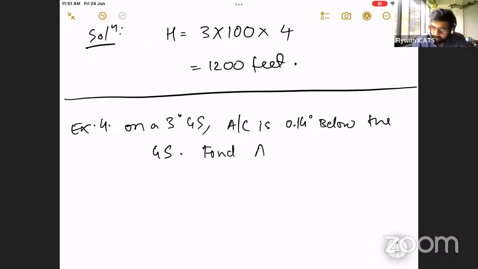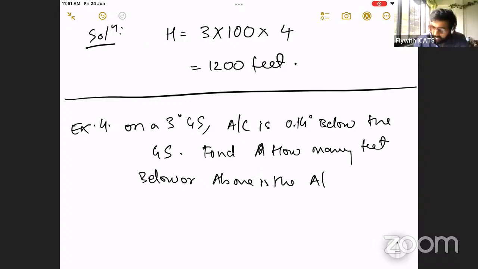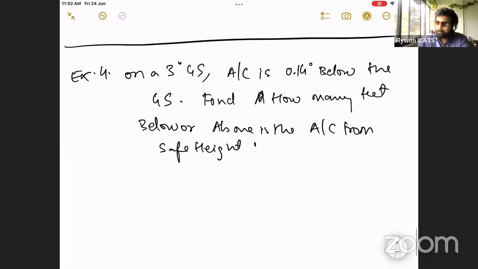Find how many feet below or above is the aircraft from safe height. Range is 3 nautical miles.